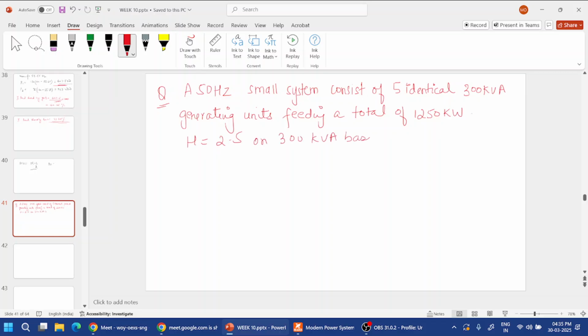This is important. Now, here the load varies. Load varies 1% for 0.5% change in frequency.